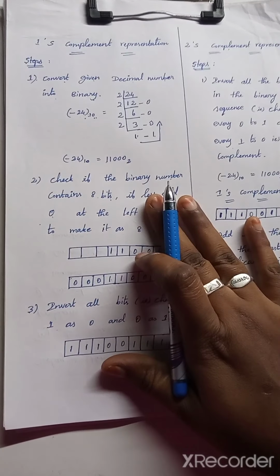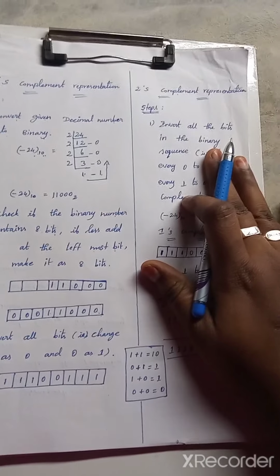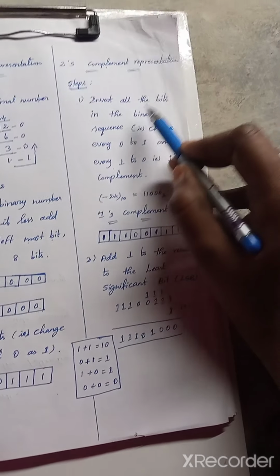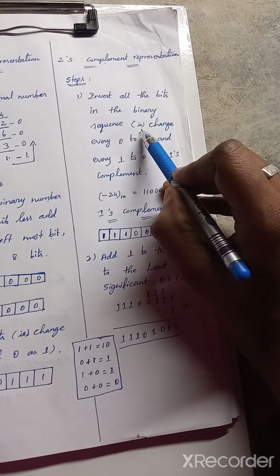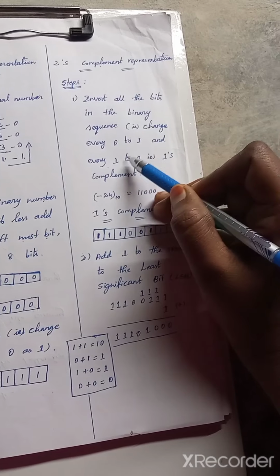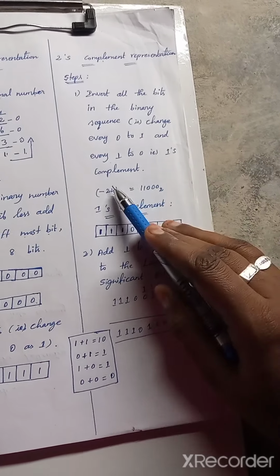This is the concept of 1's complement representation. First of all, invert all the bits in the binary sequence, that is, change every 0 to 1 and every 1 to 0. That is the 1's complement.